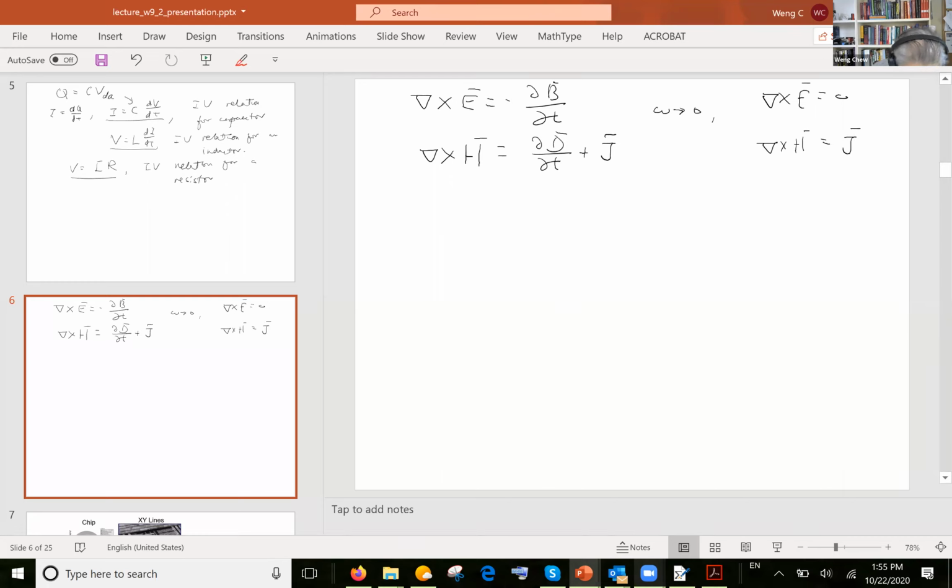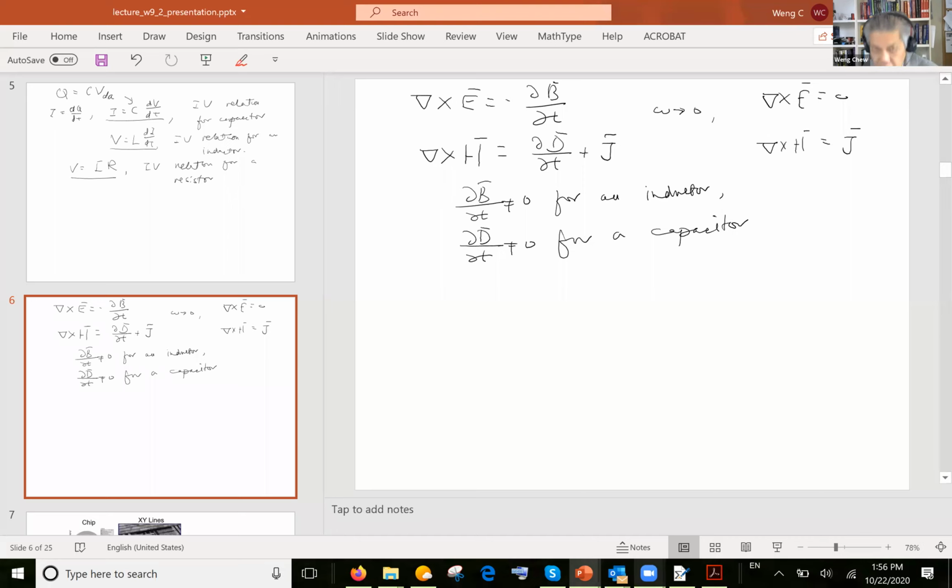However, we actually have dB/dt not equal to 0 for an inductor, and then we have dE/dt not equal to 0 for a capacitor. So in circuit theory, we do not drop these two terms all the time.